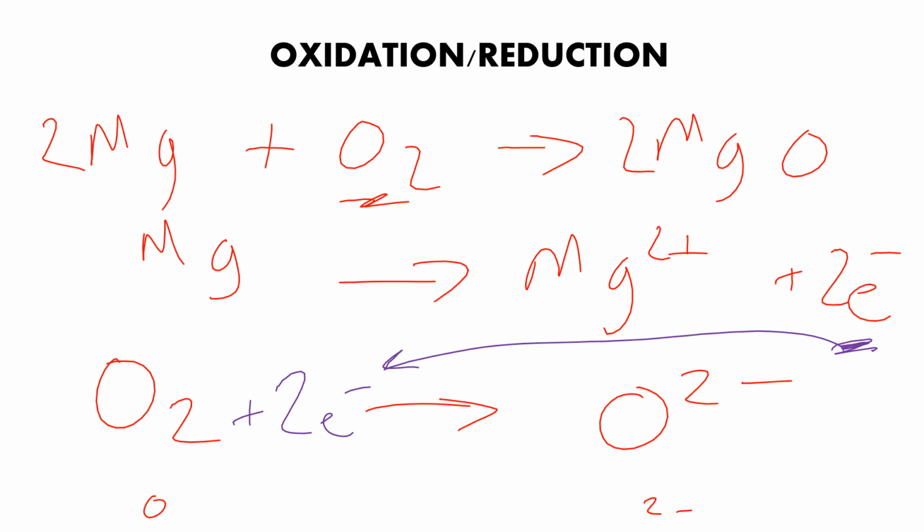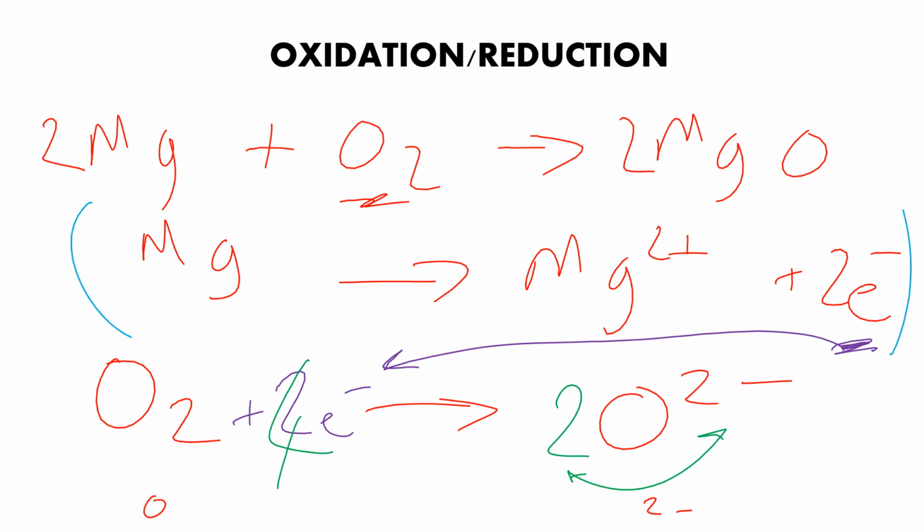Now that, of course, needs to be balanced. You notice the oxygens are not balanced, so if we put a 2 here to balance the oxygens, the charges are no longer balanced. There's a total of -4 now on the right-hand side, so we have to change this to a 4. Now it's all balanced. Then what we can do is add the 2 equations together.